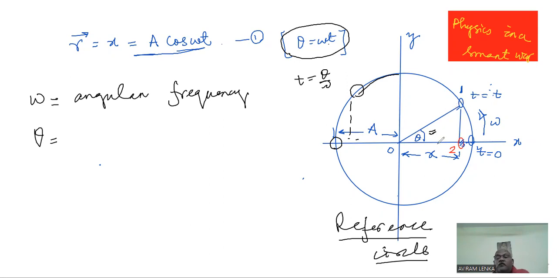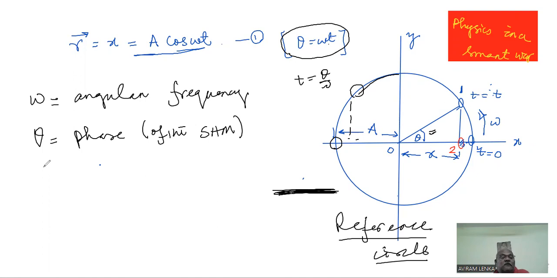But if somebody is not showing you the reference circle, only shows you the SHM, we know in SHM there is no angle, that is on a straight line. So thereby theta is known as the phase of the SHM. Simply you say phase, that is enough.